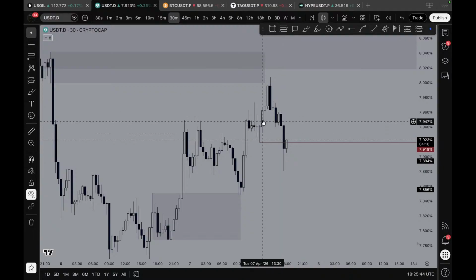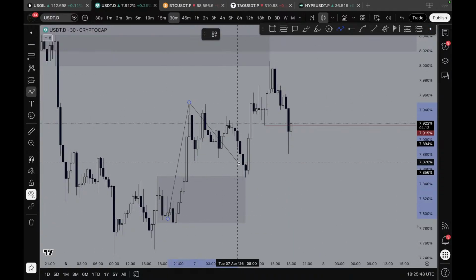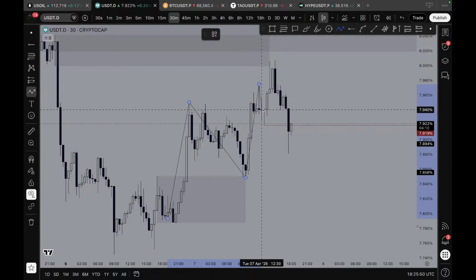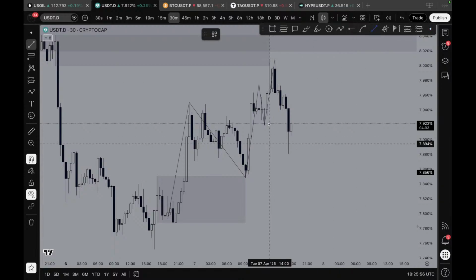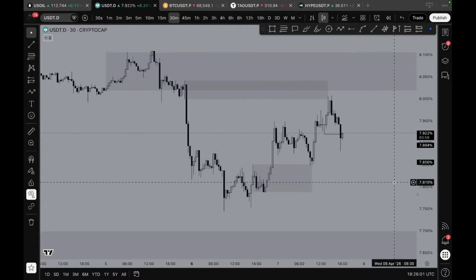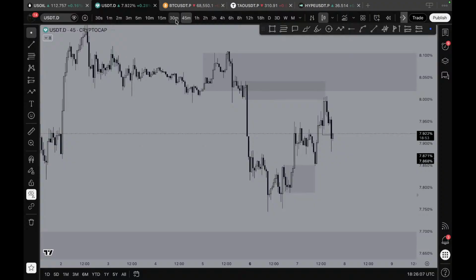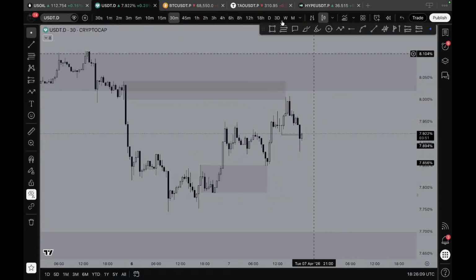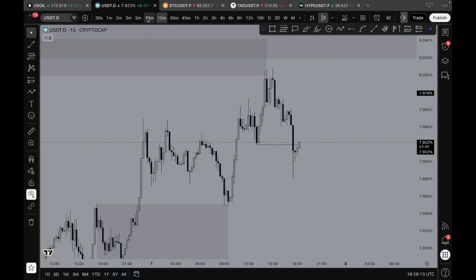If we look at the structure, we have 30-minute structure right here, which was broken to bearish on a 30. So can watch for potential rejections anywhere into supply.